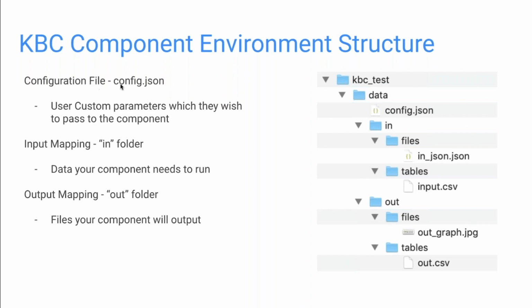In short, it is a config.json. These are user custom parameters which they wish to pass into the component. Examples would be API keys, endpoints, stuff like that. Input mapping in the folder is data that your component will need to run. Output mappings are essentially the files that the component will output.